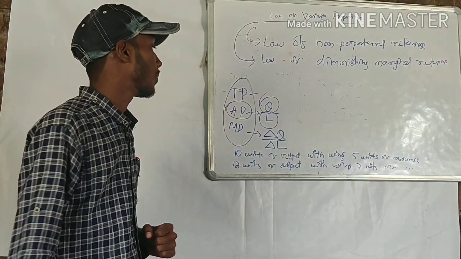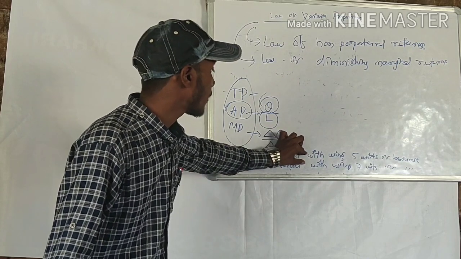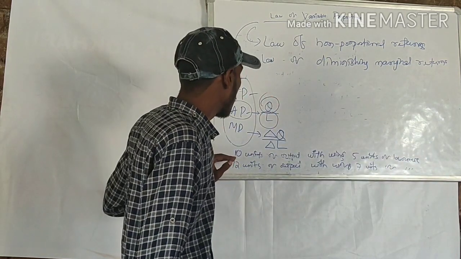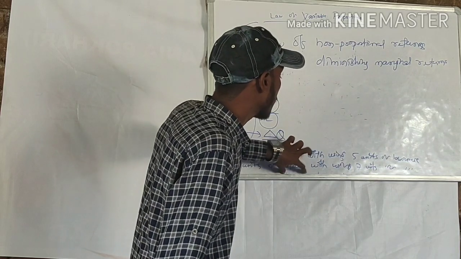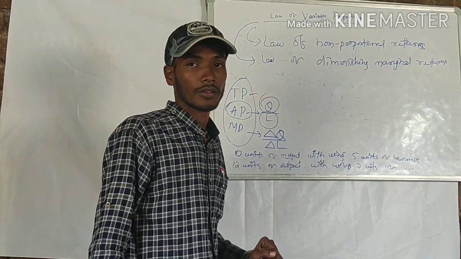We have to find it. For producing 10 units of output we are using 5 units of labor, and for producing 12 units we require 7 units of labor.